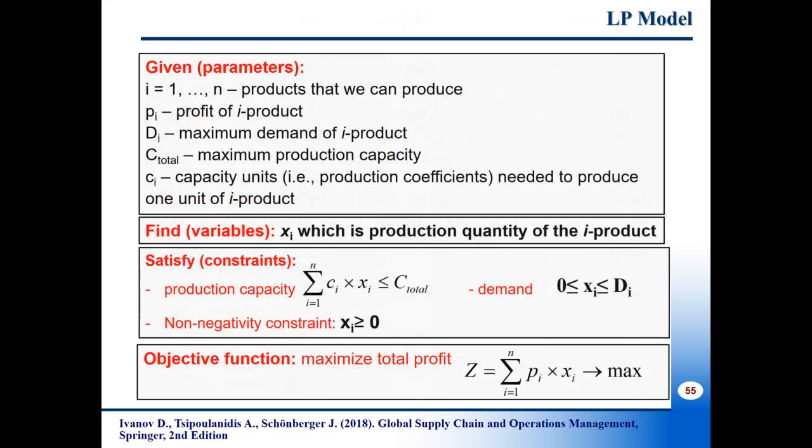In a linear programming model, there are two types of inputs: given parameters and decision variables.